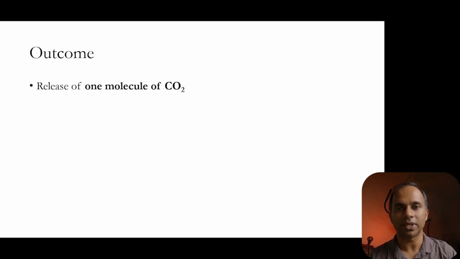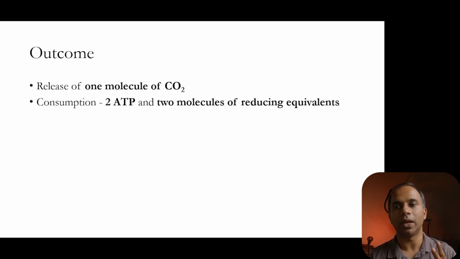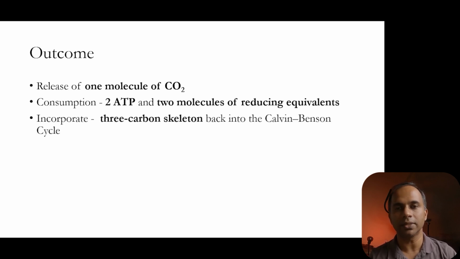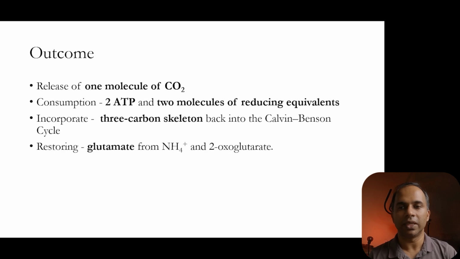During this process it is going to release one molecule of carbon dioxide, consume two ATPs and two molecules of reducing equivalent, and incorporate 3-carbon skeletons, as I showed you earlier, back into the Calvin, Benson and Bassham cycle. And it is going to restore the glutamate from ammonium ion and from 2-oxoglutarate.